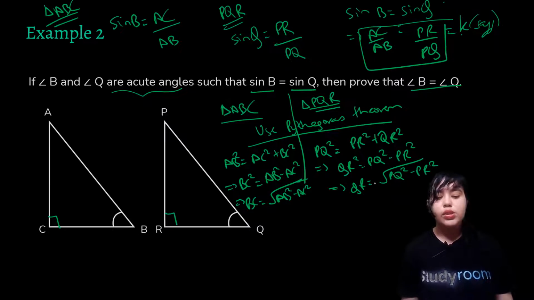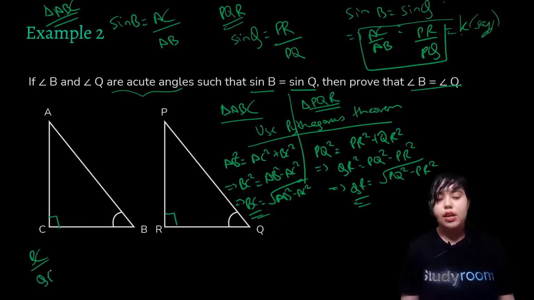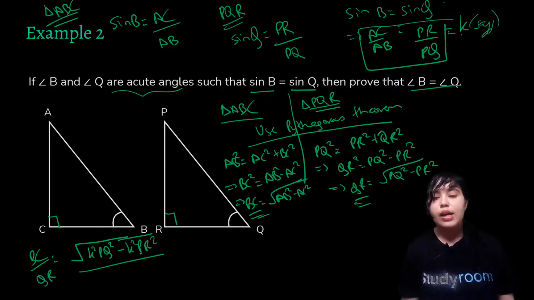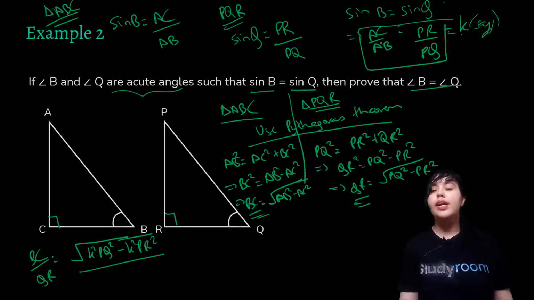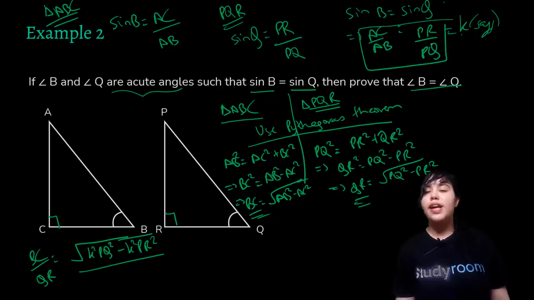Alright, once you have this, you can find out BC upon QR. So BC upon QR is equal to under root of K square PQ square minus K square PR square. I hope you know that BC is under root AB square minus AC square, and since this ratio of AC upon AB is equal to K and further equal to PR upon PQ, that's why I can write my AB square as K square PQ square and AC square as K square PR square.